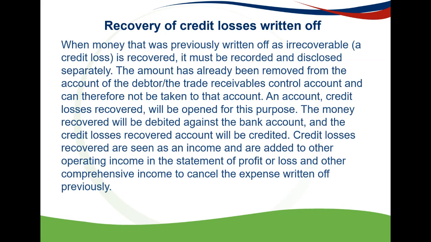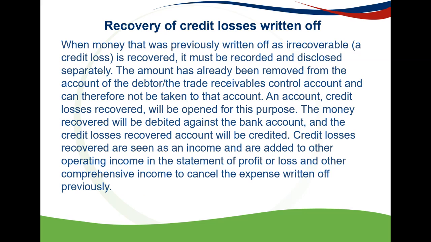Now, one can also have a recovery of credit losses that was previously written off. When money that was previously written off as irrecoverable, a credit loss, is recovered, it must be recorded and disclosed separately.